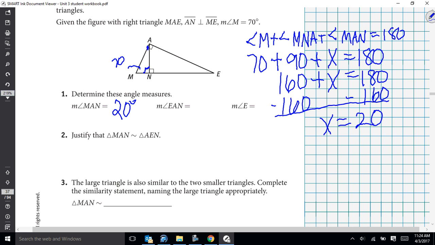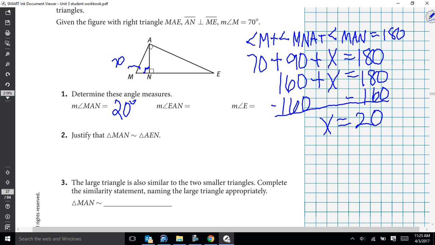What about the measure of EAN? This angle here. Well, we know that the whole angle MAE is how many degrees? We know MAN is 20, and then MAE, the whole thing, is how many degrees? What's the little square tell us?